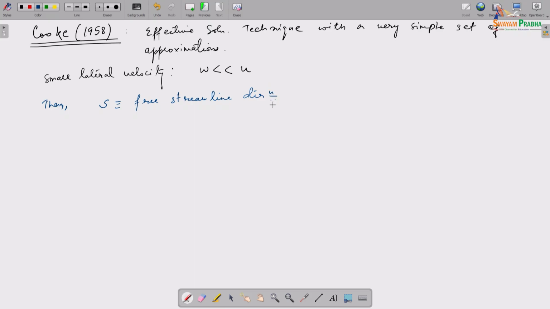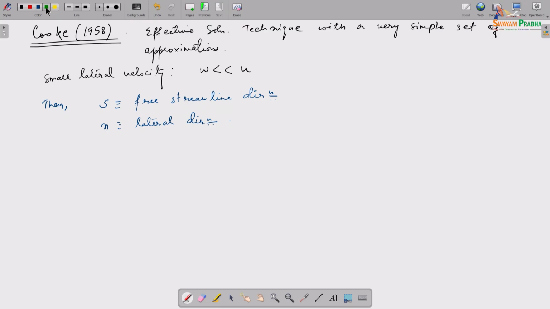Okay, and N is the lateral direction. Okay. So, if I do that, right, then the momentum integral relations become so.